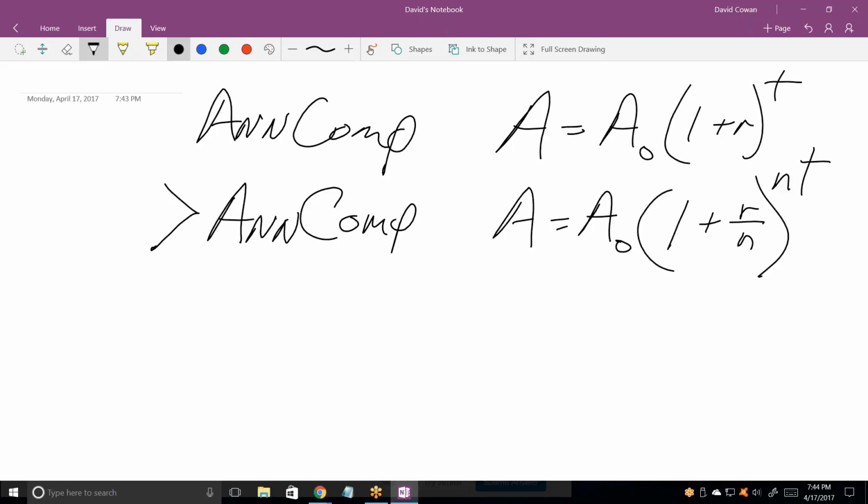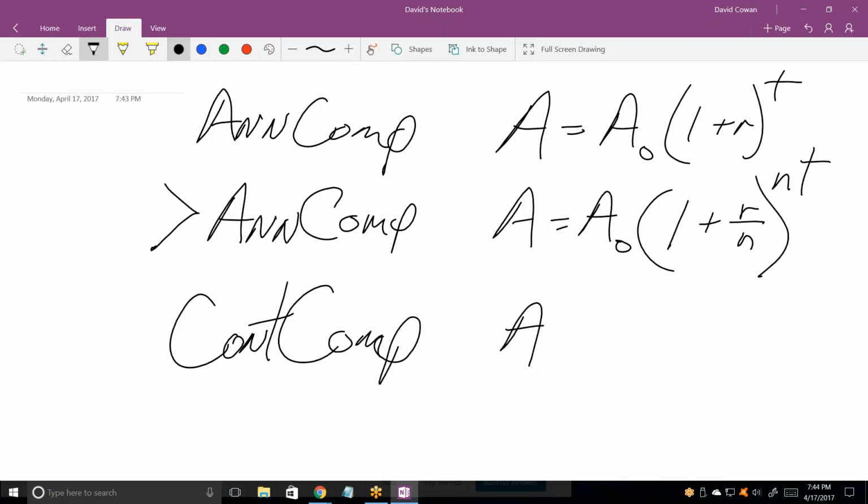So if they were compounding it monthly, then n would be 12. If you find a bank that's willing to compound it daily, then n is 365. Okay? And then finally you have the third type, which is continuous compounding. And that's the one where A equals PERT.